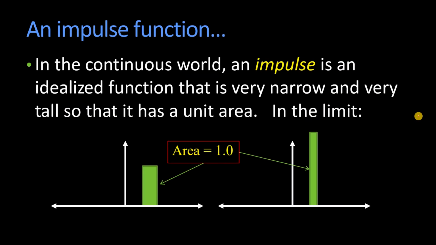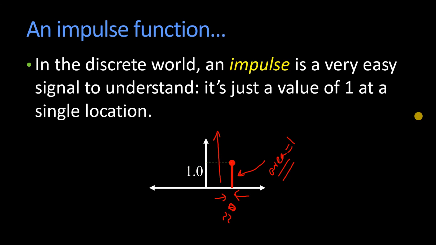Here, if you see, impulse is a very easy signal to understand. It has just a value of 1, its area is 1. Practically, in theory its time taken will be almost 0, but its amplitude will be very high, theoretically infinite.